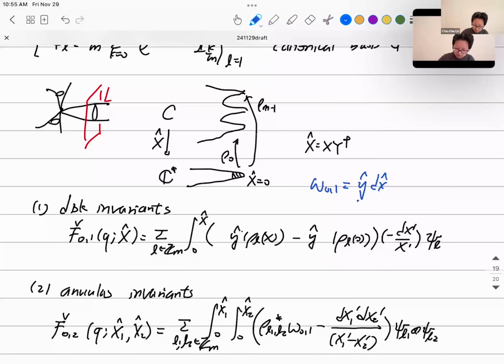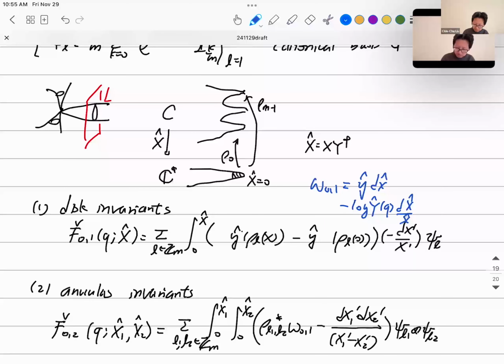So this is minus, this is log y, up to some terms.